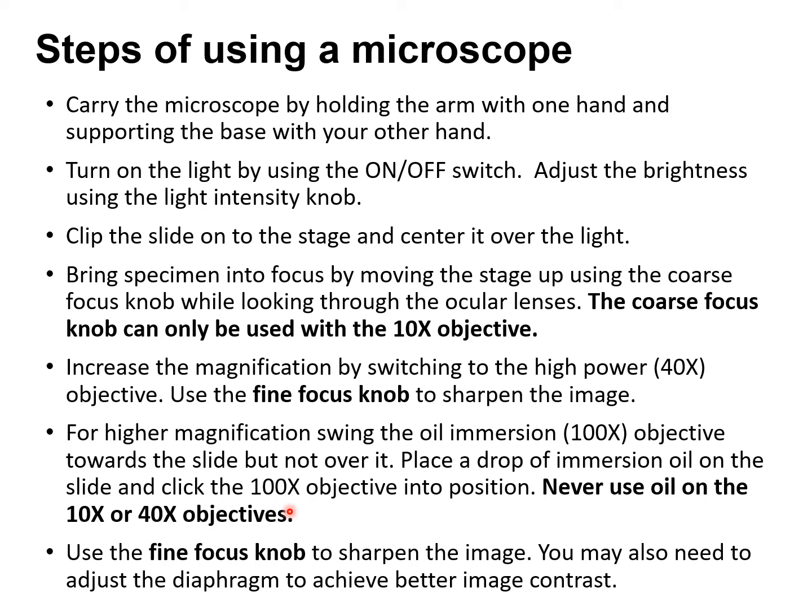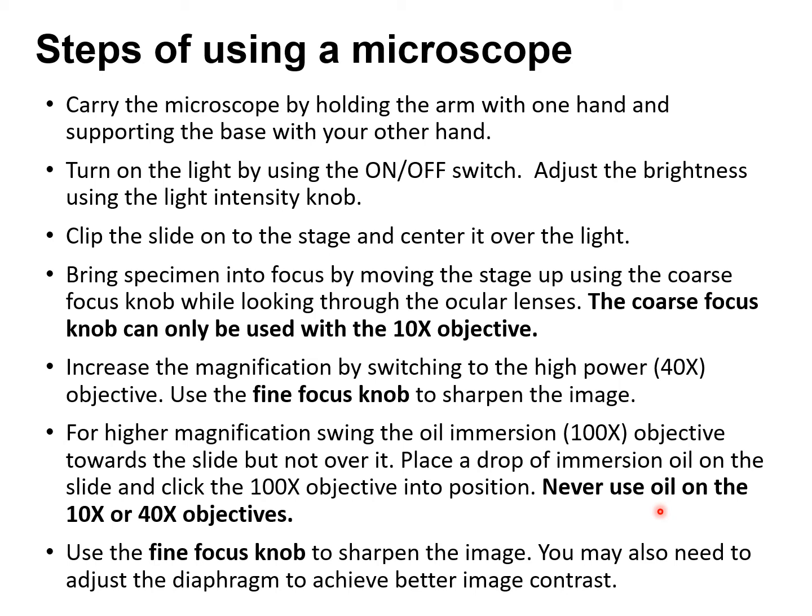Okay, so why do we use oil? Because oil is going to prevent the light from refracting, from bending. So we use the oil to prevent the light from refracting when we're using the 100x objective. Otherwise, if the light bends, the image is going to be very blurry.